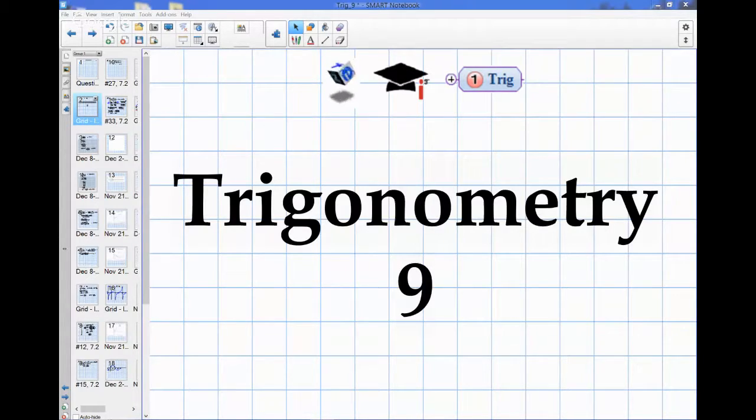Okay. Well, we started working on trigonometric identities. Remember, an identity is an equation that works no matter what you plug in for the variable. I was trying to save a little time by not putting the variables up yesterday.